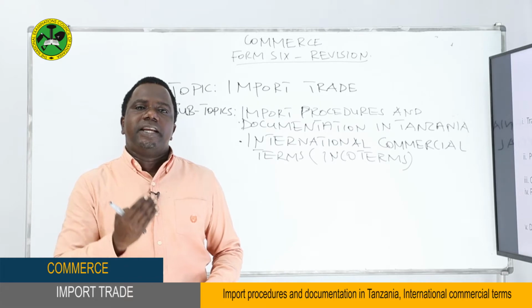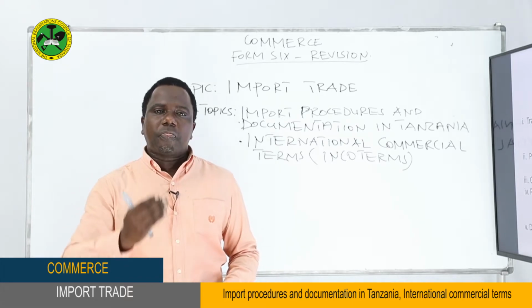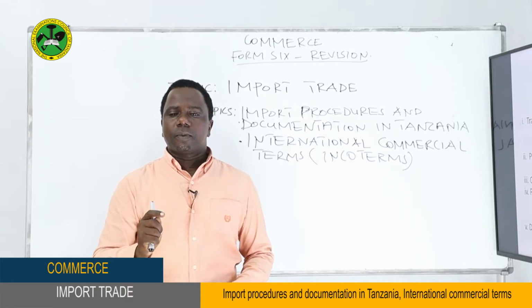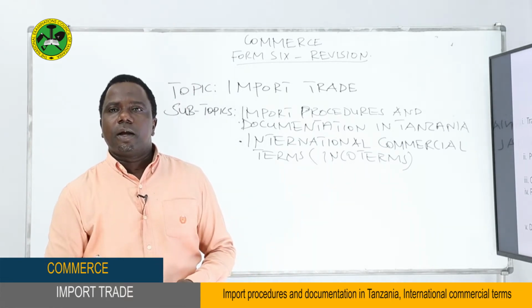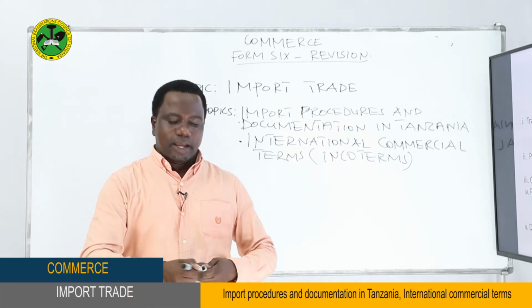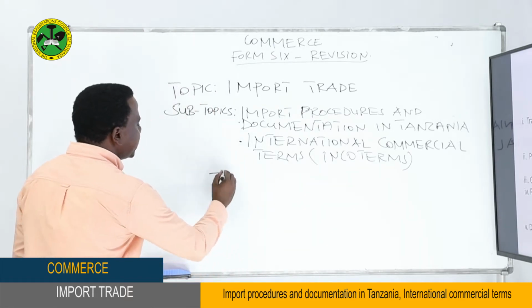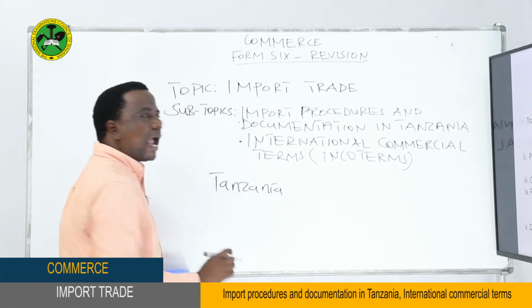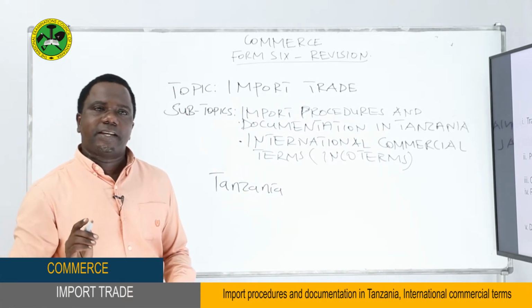So an exporter needs to know the creditworthiness of an importer, because in international trade, an importer may be in a certain country. Let's say an importer is in Tanzania, while an exporter is in Japan.